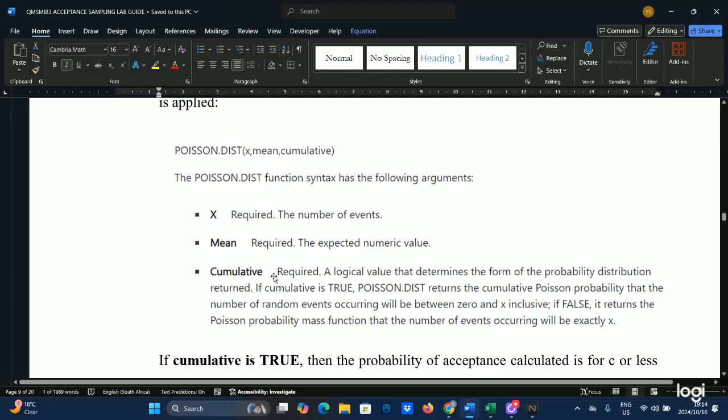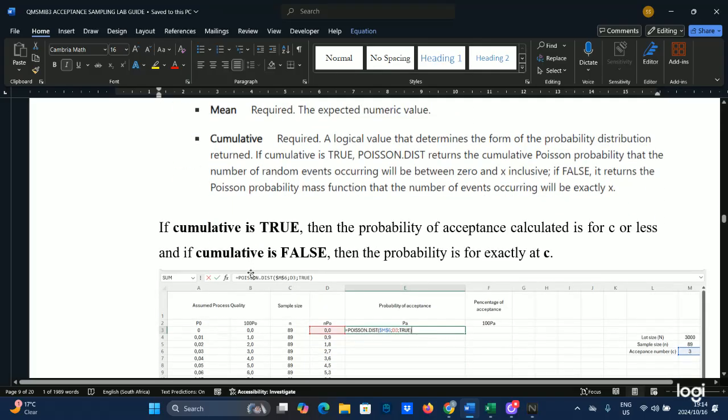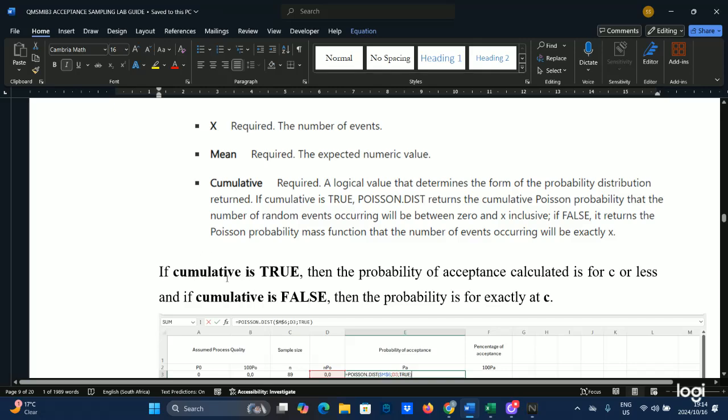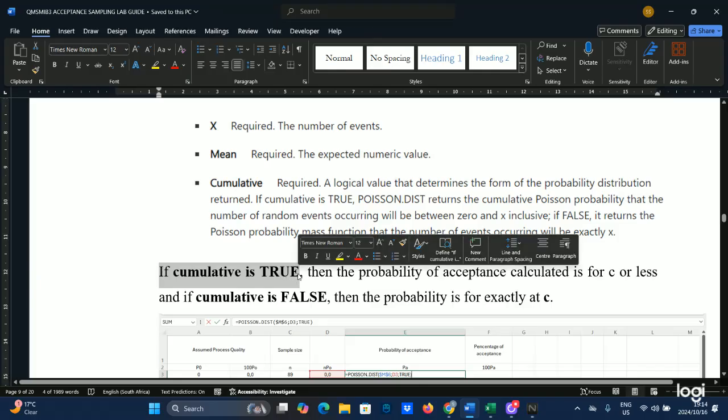So how our cumulative works is that the Poisson distribution calculates the probability in a cumulative sense. Cumulative can be one of two things: true or false. If you put cumulative as true, you get a cumulative probability of acceptance, something like the probability of 2 or less.